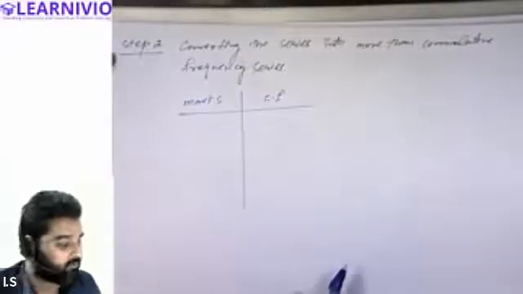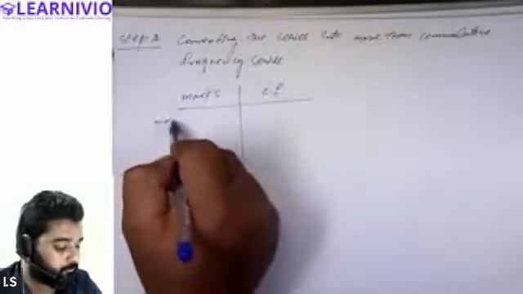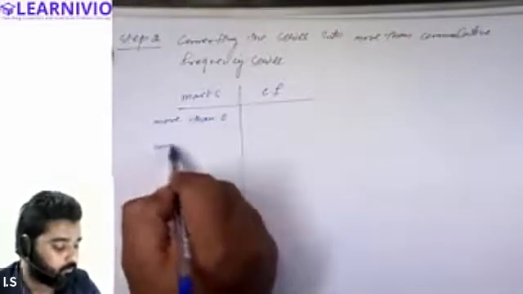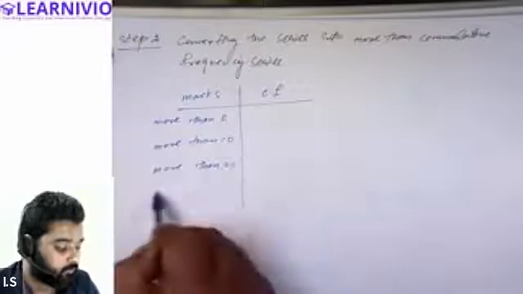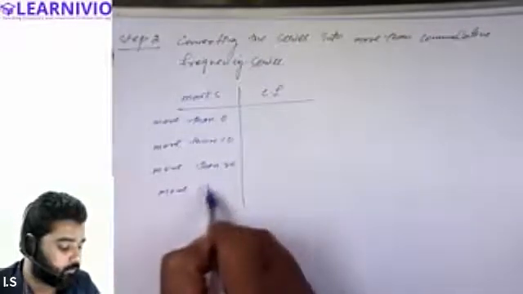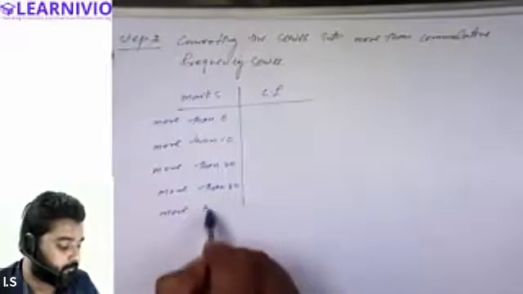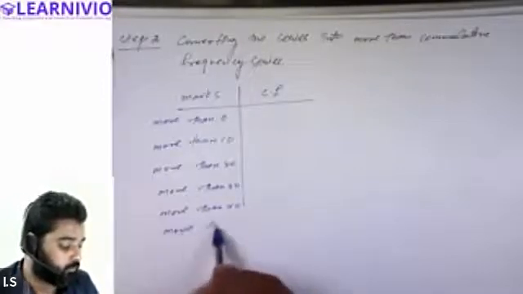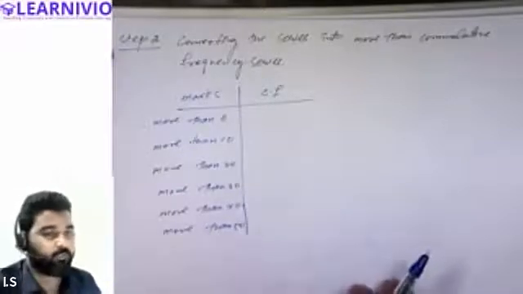This time we are going to write down the marks in this order: more than 0, then students who have scored more than 10, more than 20, more than 30, more than 40, and more than 50. We will take till more than 50 only.